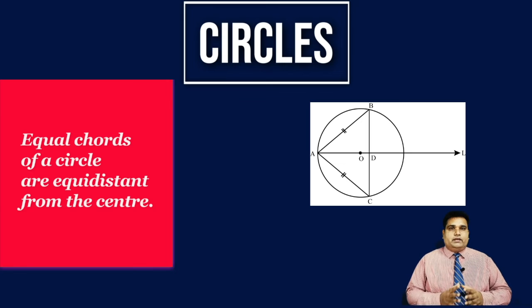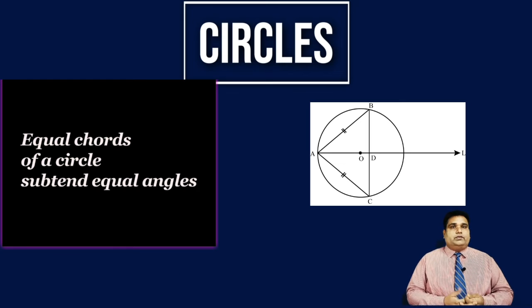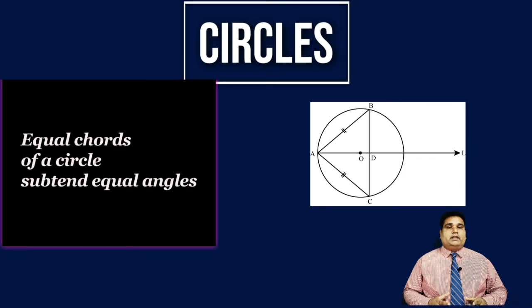So if two chords are equal, they are always equidistant from the center. And the third is, equal chords always subtend equal central angles. So these three unique properties are there for equal chords.